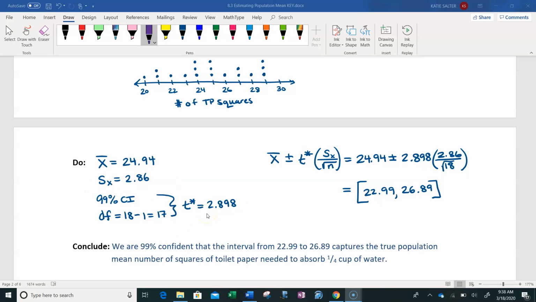If you watch the little video or read the book, when you put this data in your calculator, you can do the t interval right there from the data, and it'll also give you these values. Just make sure you put them on your paper. And then, of course, we use our mantra. We are 99% confident that the interval from 22.99 to 26.89 captures the true population mean number of squares of toilet paper needed to absorb 1/4 cup of water.